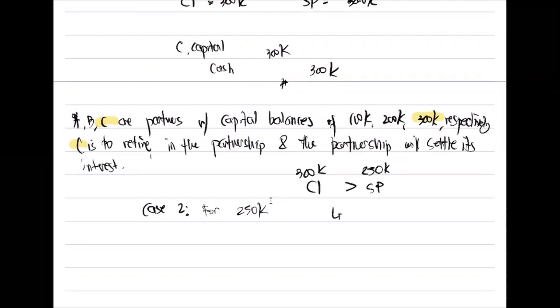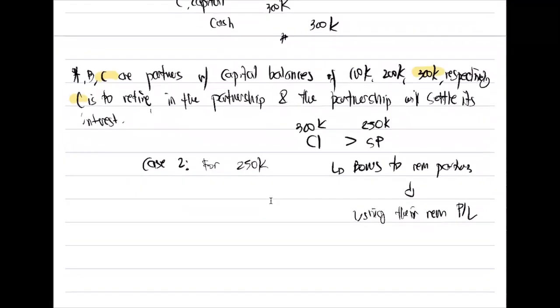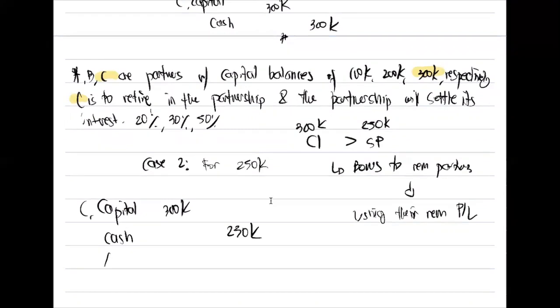So the capital interest is greater. How do we treat this one again? It is treated as a bonus to remaining partners. So how do we share it to your remaining partners? Using their remaining profit or loss. So assuming A, B, and C share profit or loss of 20, 30, and 50%. So we remove C capital for 300,000. We pay him only 250,000 and we have here bonus to A capital and B capital.